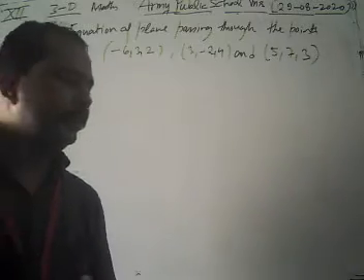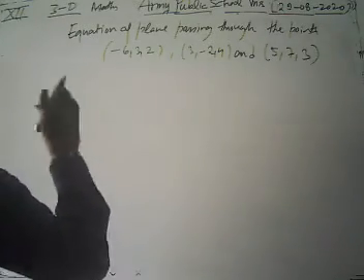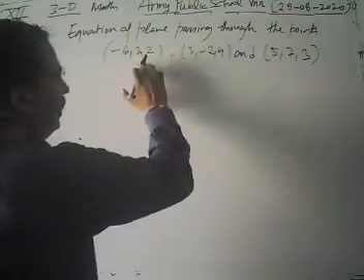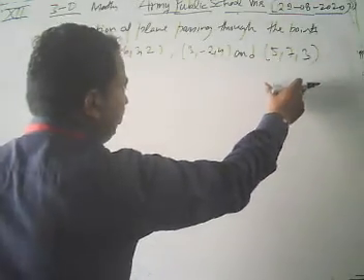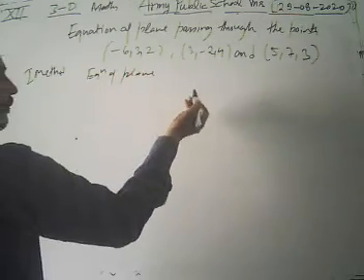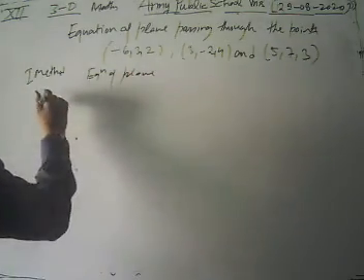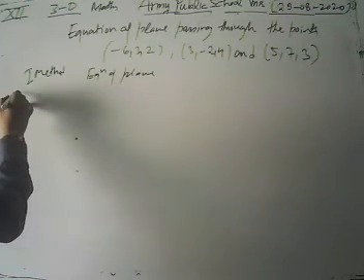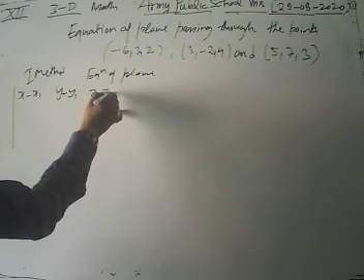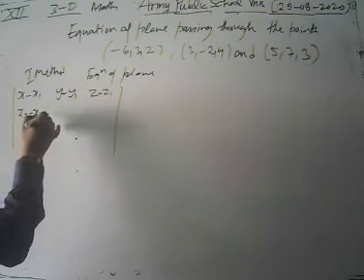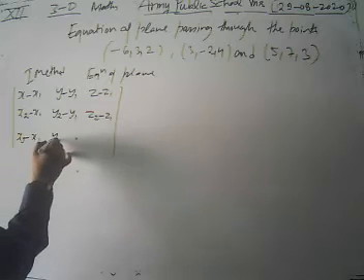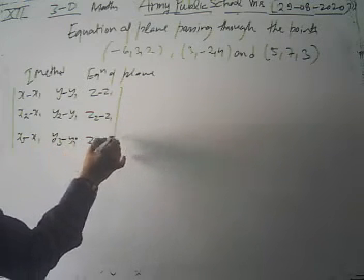First of all, the first method is directly our formula, which we are going to discuss. We have (x1, y1, z1), (x2, y2, z2), (x3, y3, z3). The equation is given by the determinant with rows x minus x1, y minus y1, z minus z1; x2 minus x1, y2 minus y1, z2 minus z1; x3 minus x1, y3 minus y1, z3 minus z1, equal to 0.